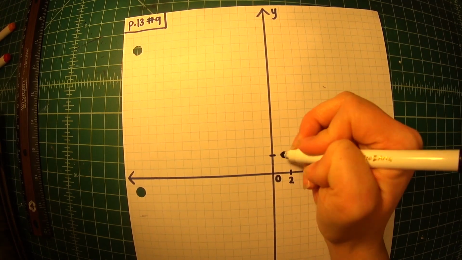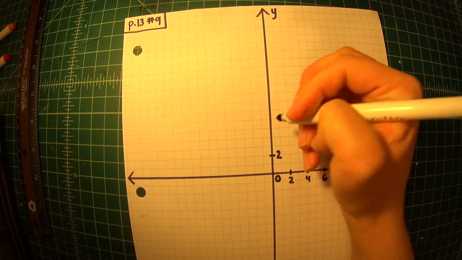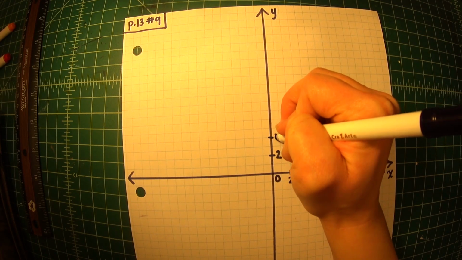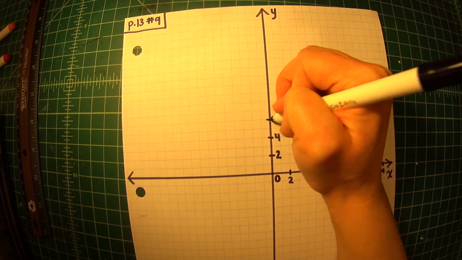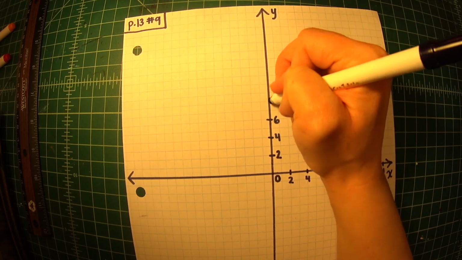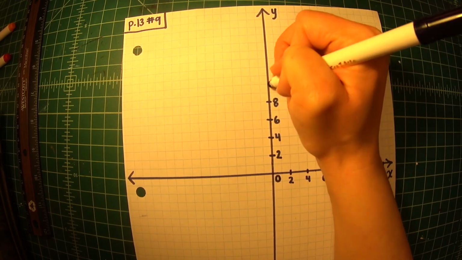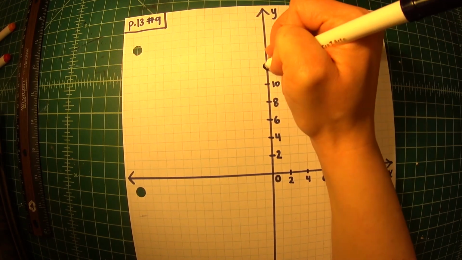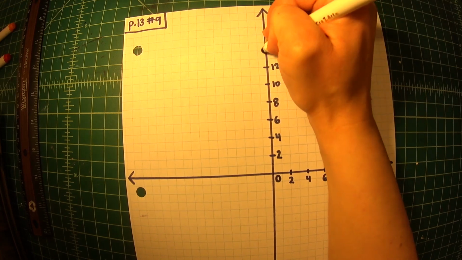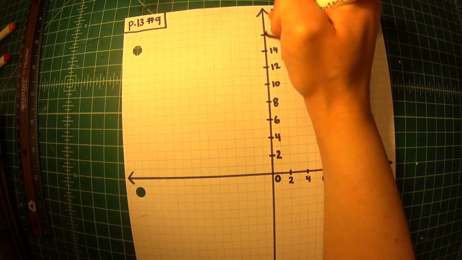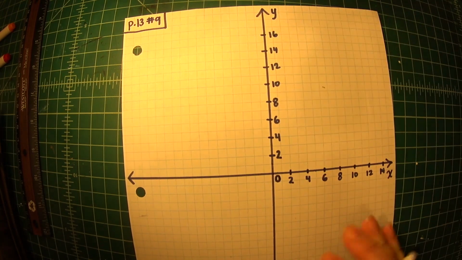Okay, and then going away from the origin upwards is the other location of positive numbers. So again, just to save space, I'm just going to label going up by 2's, 6, 8, 10, 12, 14, 16.